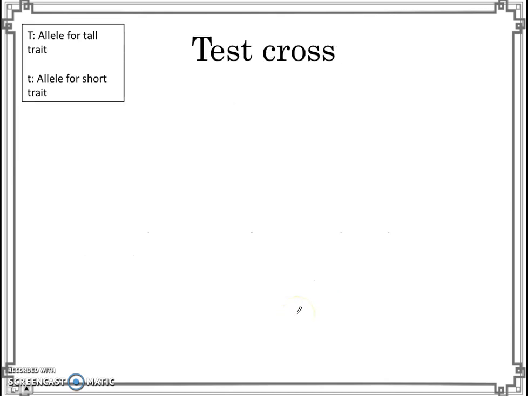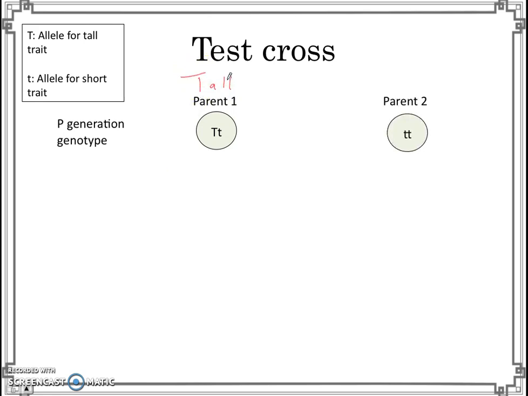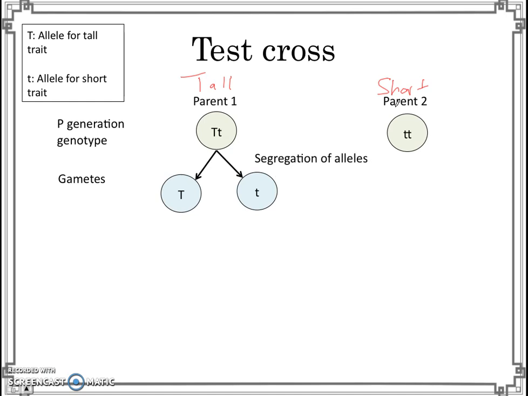So let's take a look at what happens when you perform a test cross on a tall plant that is heterozygous. So here's my tall plant that is heterozygous, and I'm going to cross it with a short plant that is homozygous recessive. So this is a test cross. So the tall parent is able to produce either big T or small t alleles, while the short parent can only provide small t alleles.